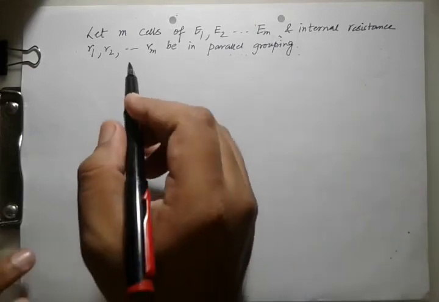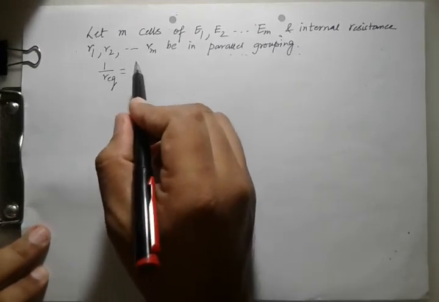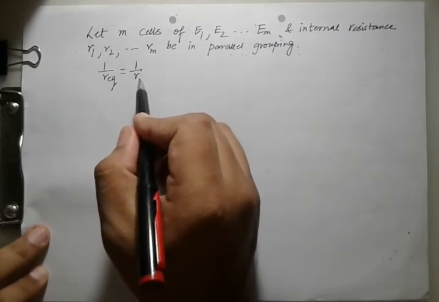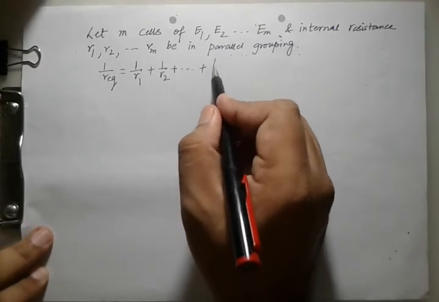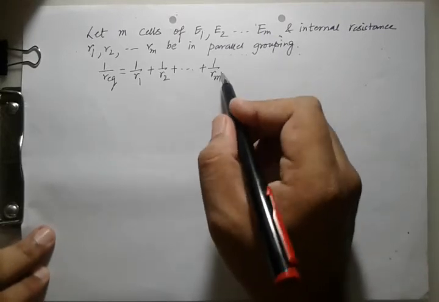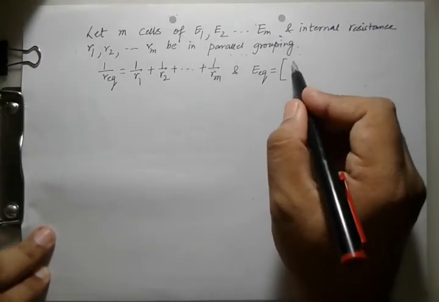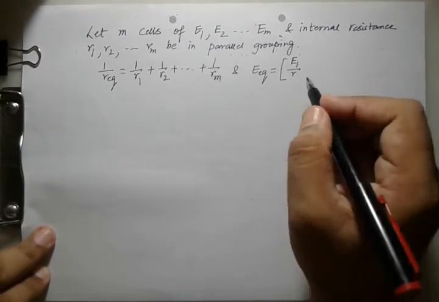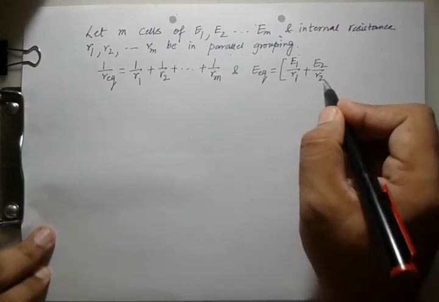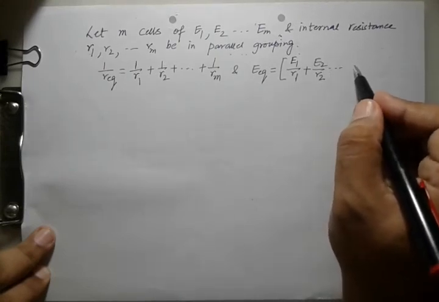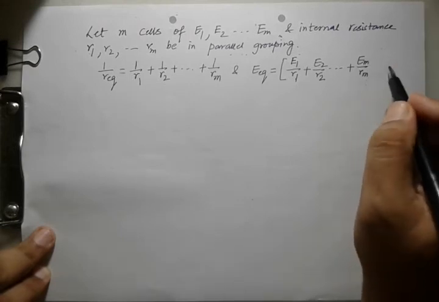Then you can write 1 by R equivalent is equal to 1 by R1 plus 1 by R2 plus 1 by Rm, and E equivalent will be E1 by R1 plus E2 by R2 and so on plus EM by Rm.